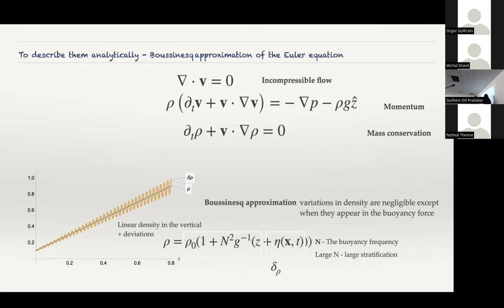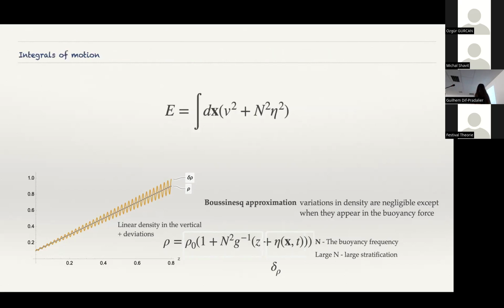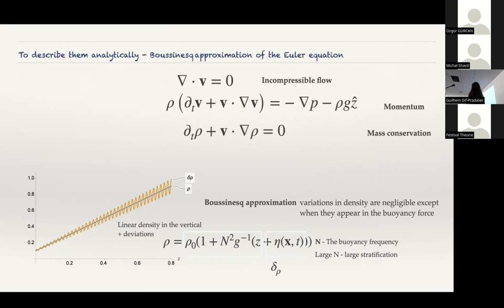And then we assume that there are deviations from this main profile, which are called either buoyancy, or you can think about them as the vertical displacement, when they're multiplied by the right constants. And the Boussinesq approximation is assuming that the deviation in density is only important when it's multiplied by gravity, and the rest of the deviations, for example, here, we neglect.